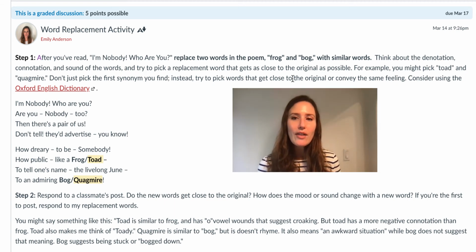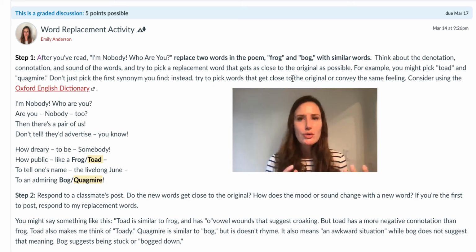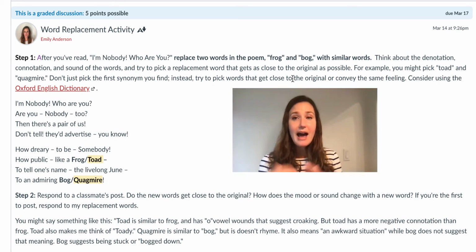But you might pick one that is a little bit more removed from frog, but that to you conveys the same meaning. So you might pick a different animal or insect even that makes a noise, like cricket. Or you might say, okay, frog, but that makes me think of something like amphibian or salamander or newt. Or you might even say something like howler monkey, because that's also an animal that makes a lot of noise.